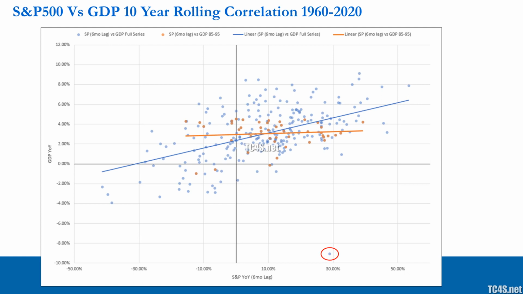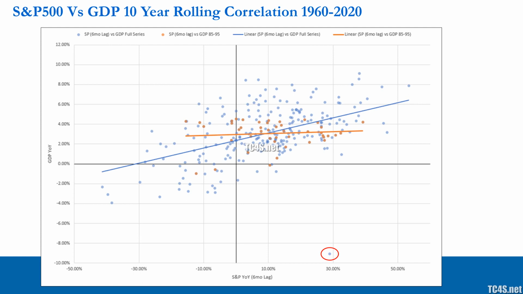Well, this is when GDP is reported down and S&P 500 returns with the lag are reported up. So the top left and the bottom right quadrant is when these two variables are moving in the opposite direction. And then the bottom left quadrant is when GDP is reported down and S&P is reported down as well. So they're moving in the same direction.